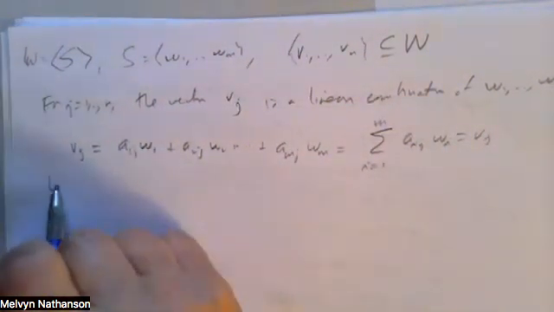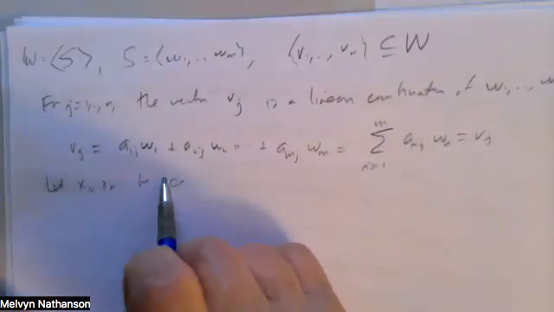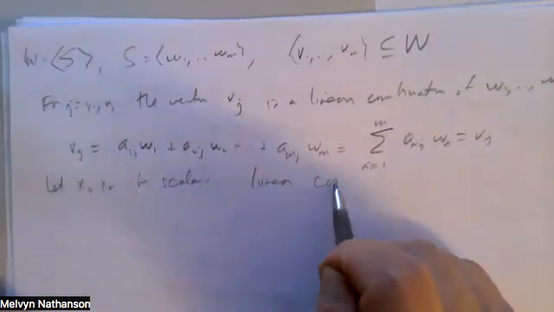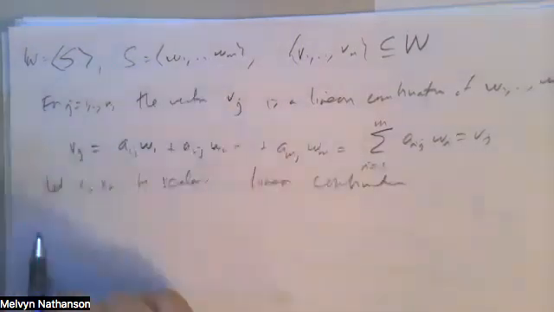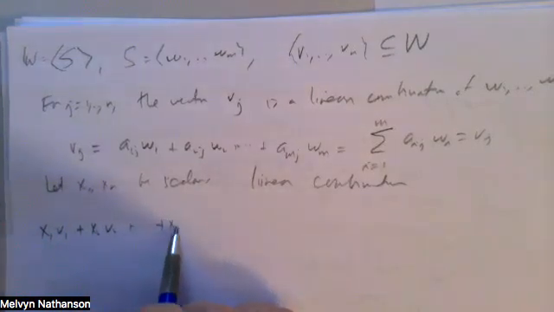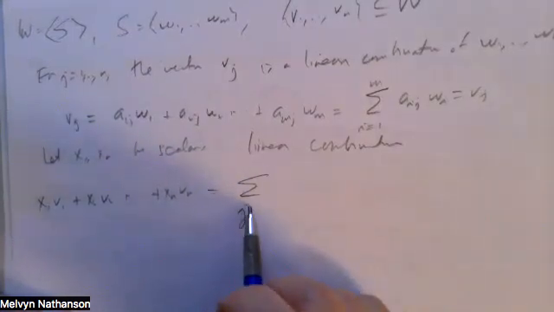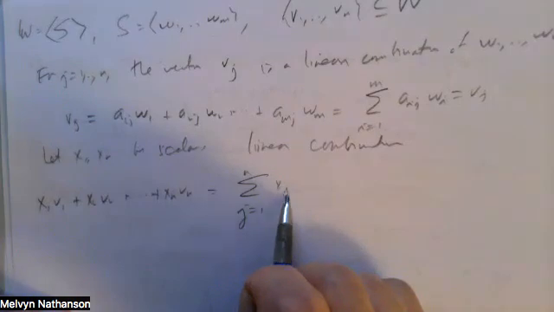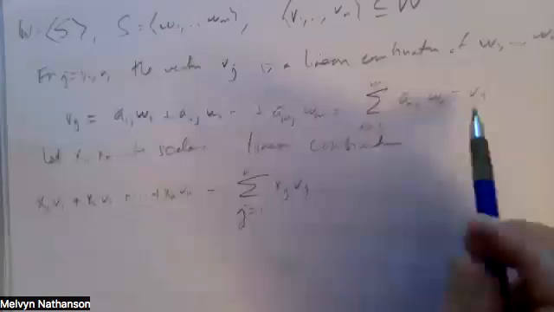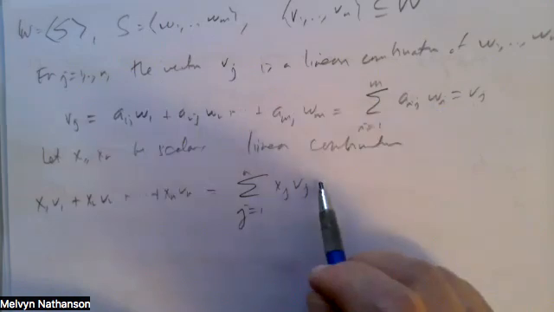And consider these scalars x1 up to xn. So we have the linear combination x1 v1 plus x2 v2 up to xn vn, which I can write as the summation j goes from 1 up to n, xj vj. But every Vj is a linear combination of the Wi's.